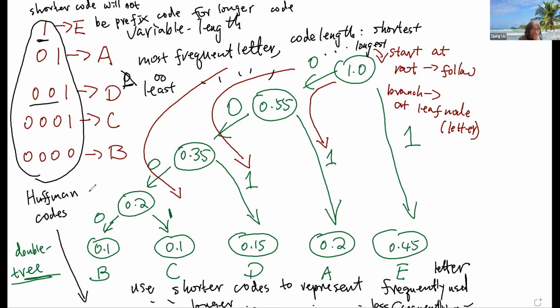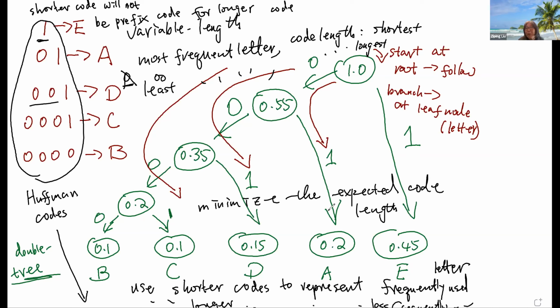So this is the idea of Huffman codes. From this Huffman tree, we build the Huffman code. The code also has a feature: it can minimize the expected code length.